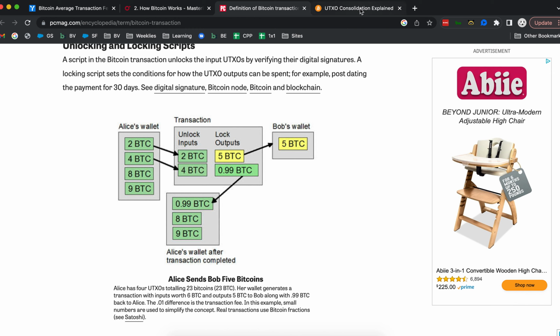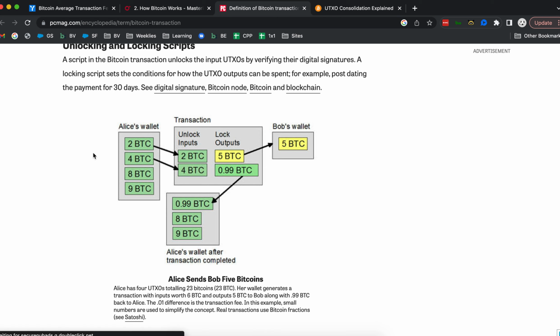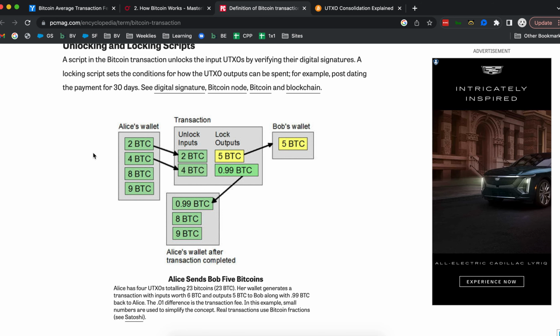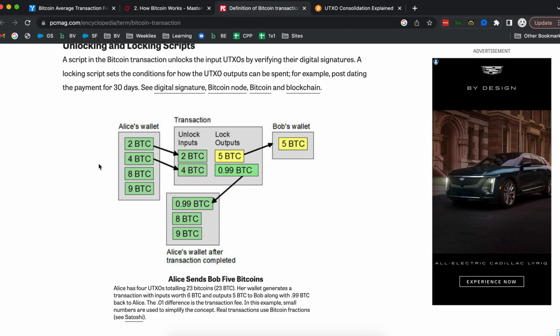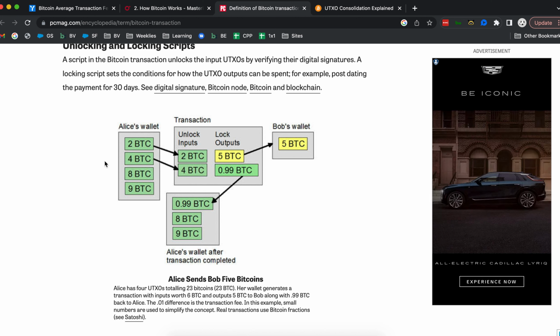So what might this look like, and why is this important in terms of fees? Well, if you've been dollar cost averaging over the last 2 years, very small amounts of Bitcoin, and you want to send all of that to Coinbase to buy that house of yours, you're going to have to consolidate all of these Bitcoin transactions. The way that fees work on the Bitcoin network is by the amount of data.